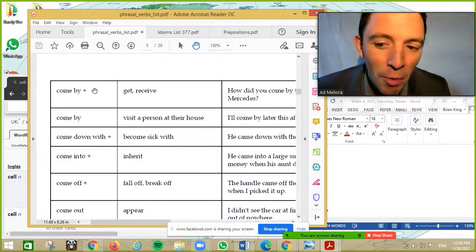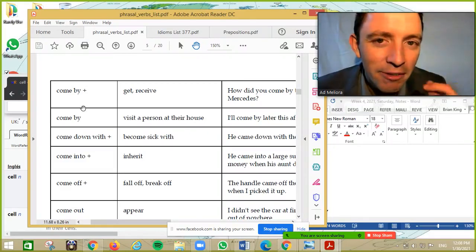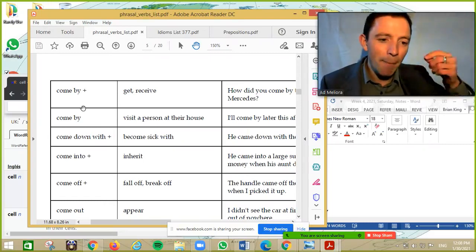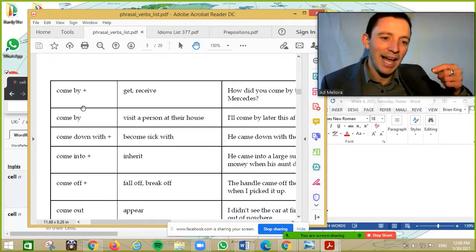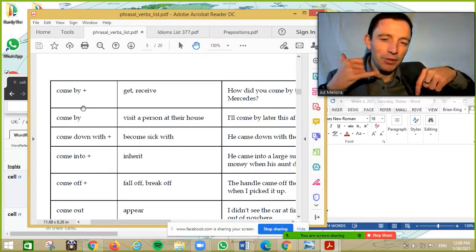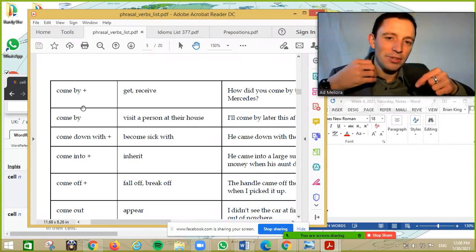This is difficult, come by. Okay, and this is a good example of the difficulty of a phrasal verb. So again, come is this action, come, and by is like al lado también, come by. So there's one possibility. I contact my friend and I am in my house, and I tell my friend, please come by my house tomorrow.